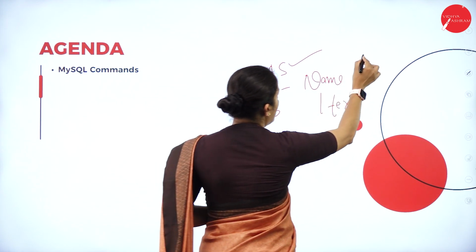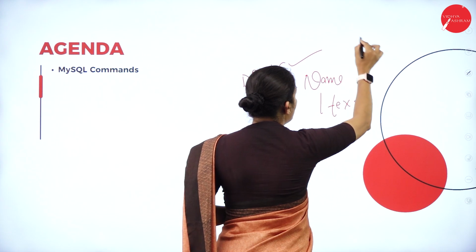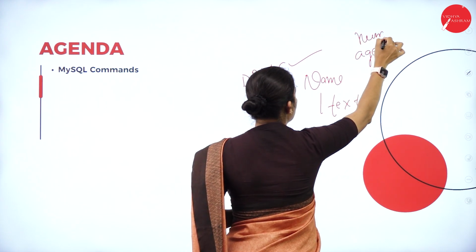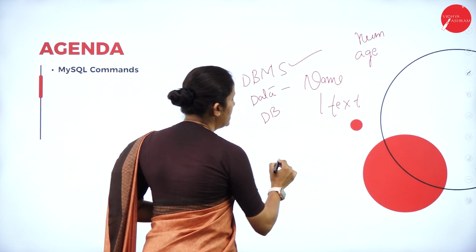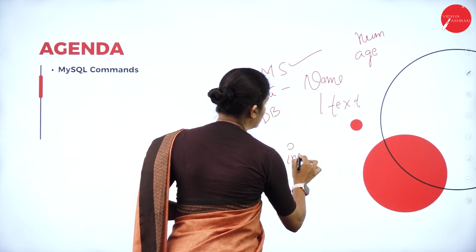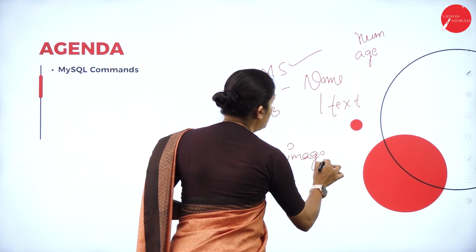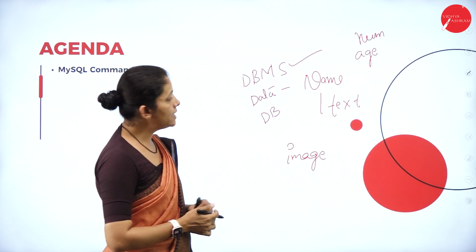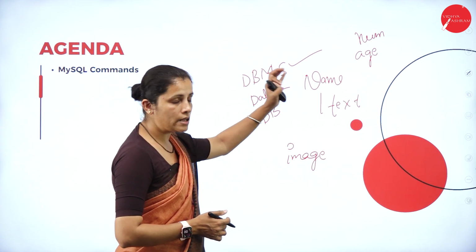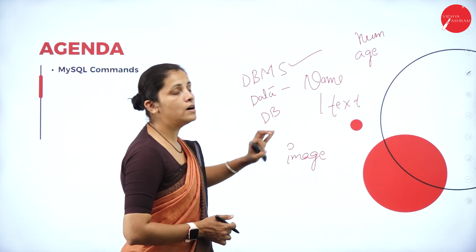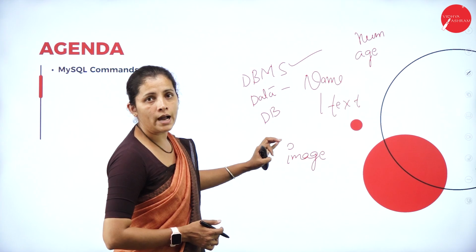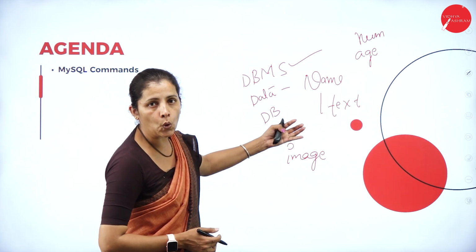If I consider age, it's a number. If I consider the image, it's of type image. So examples of data are name, number, image, audio file, video file, and so on.